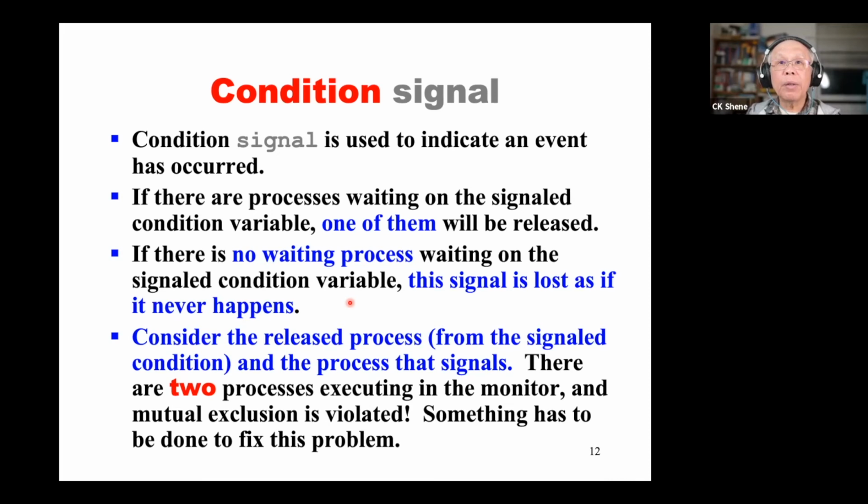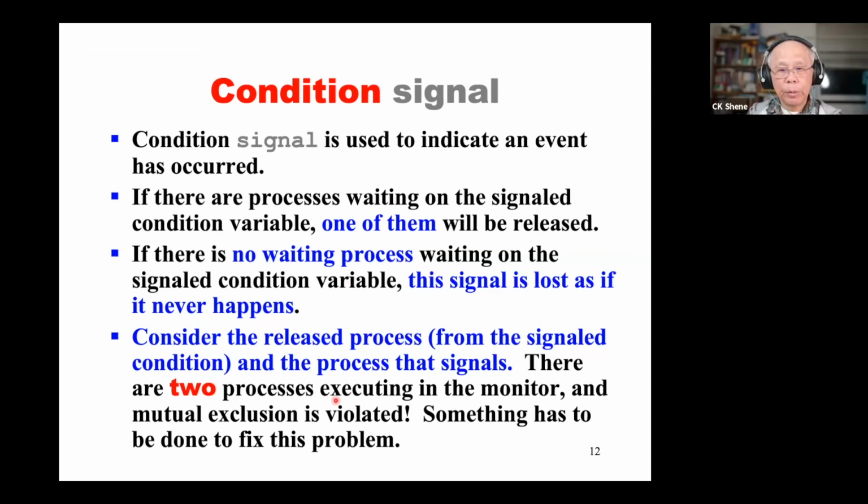We never even count how many are there. And if the condition variable is signaled and no one is there, that signal is gone, as if it never happened. So hope you remember this. Never ever use the concept of semaphore for the use of condition variables.